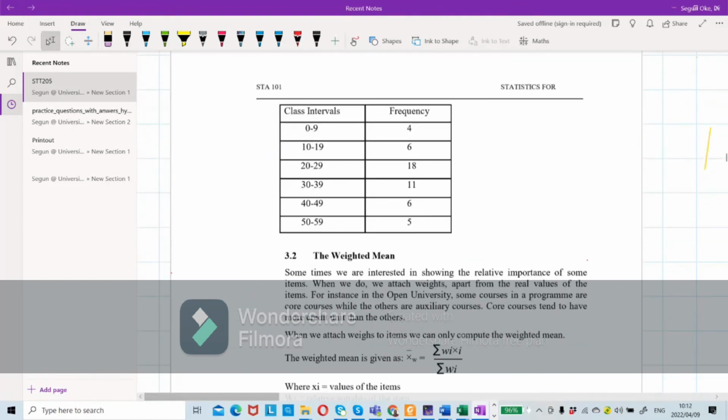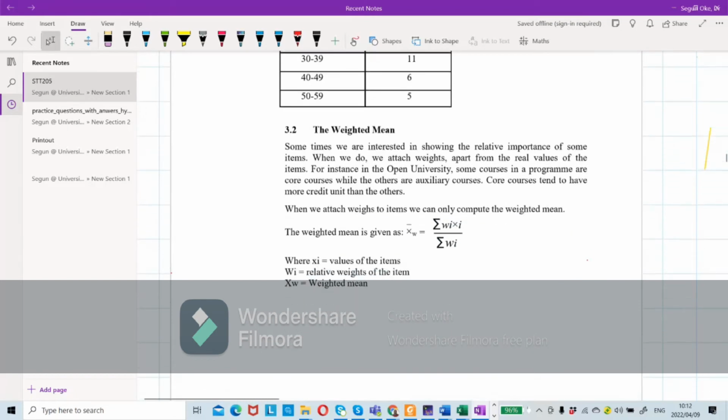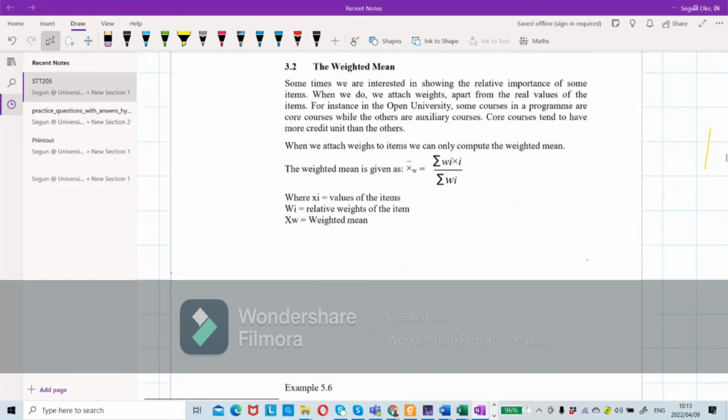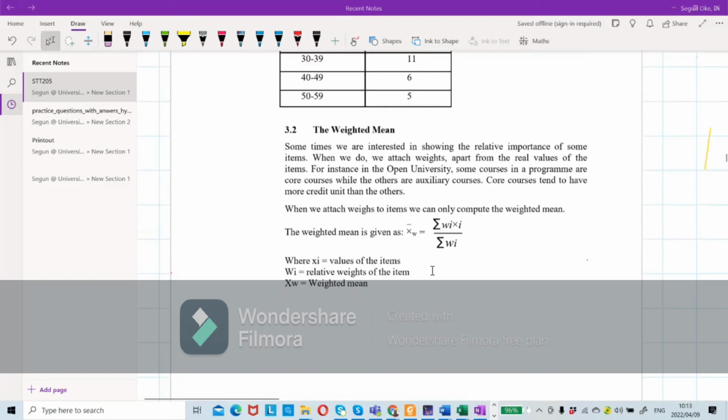Questions always come on weighted mean, and I want you to listen very well. How do we solve this? Look at the formula.